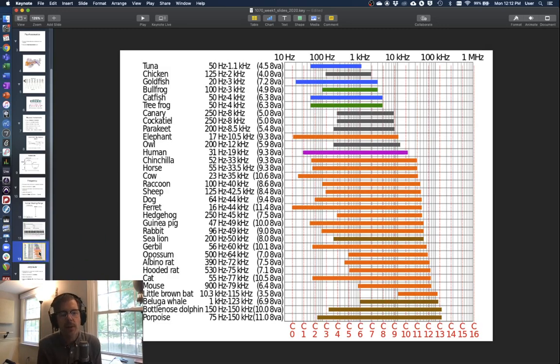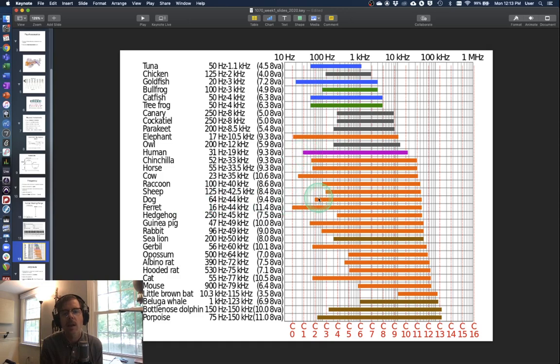Just to have a little fun with frequency range as well, this chart shows different animals and the way that they hear frequency. If you find human there, right above chinchilla, it's the purple line from 20 to 20,000 hertz. Other animals have different frequency ranges. I have a dog, so we're going to find dog here.